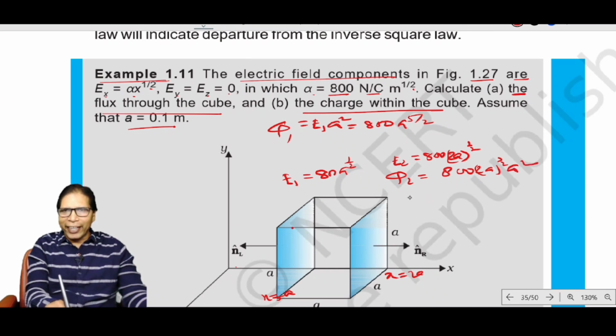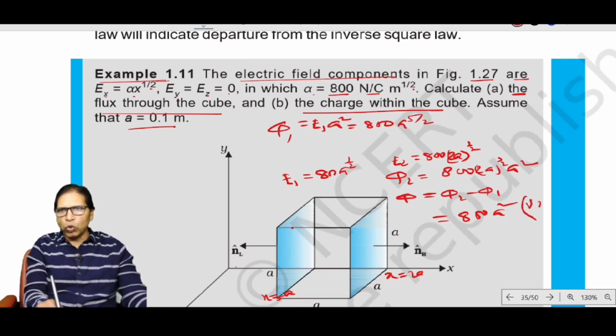The net flux phi equals outward flux minus inward flux, so phi 2 minus phi 1, which is 800 into a square into root a into (root 2 minus 1) into root 2a.